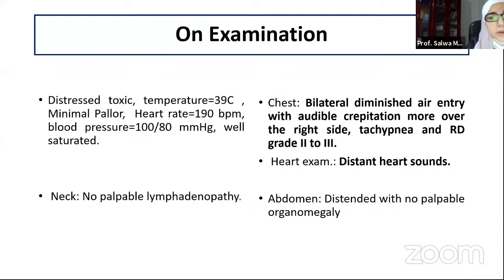Upon examination, she was distressed, toxic, feverish, with pallor. Her heart rate was 190. Otherwise, she was vitally stable. The neck exam showed no peripheral lymphadenopathy. Her chest exam was positive for bilateral diminished air entry with crepts, and she actually had respiratory distress grade 2 to 3. Her heart exam showed distant heart sounds, and she did not show any organomegaly.